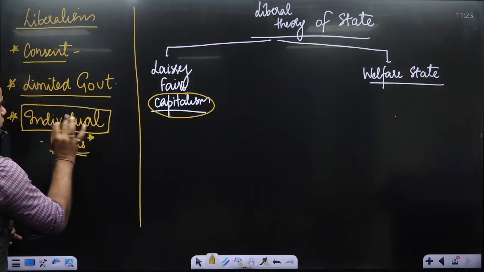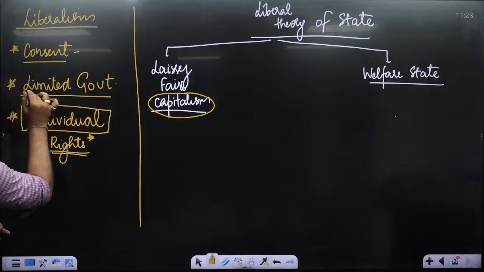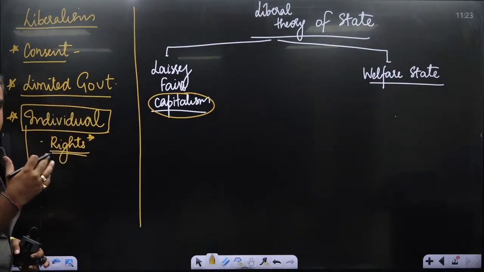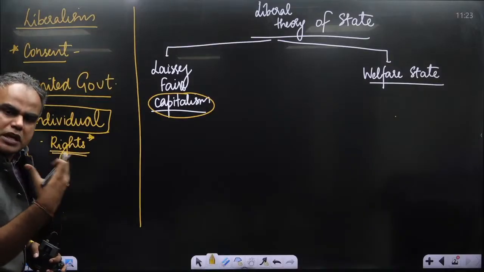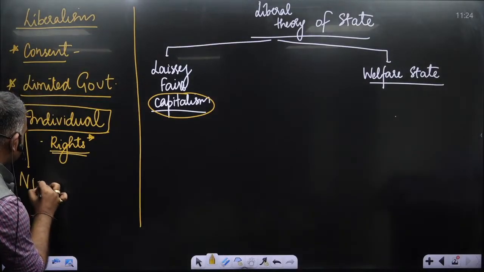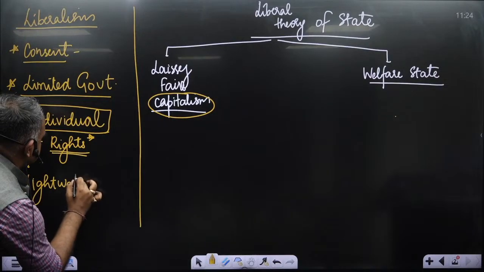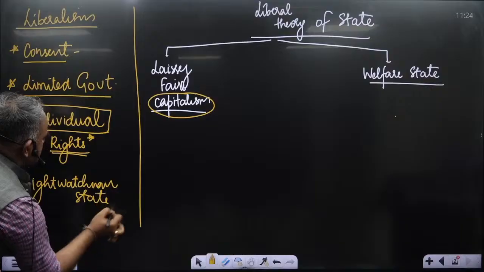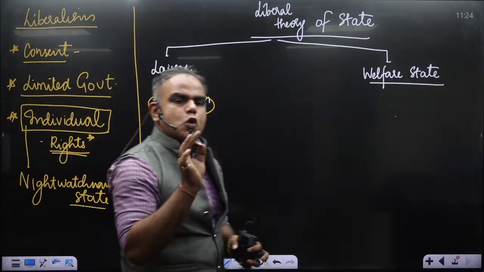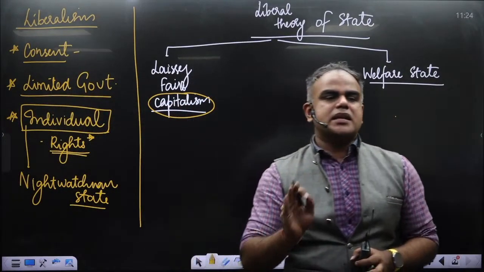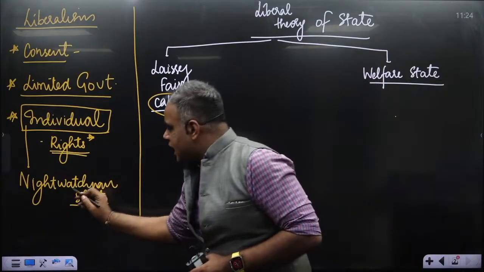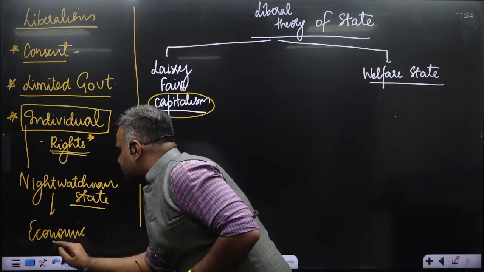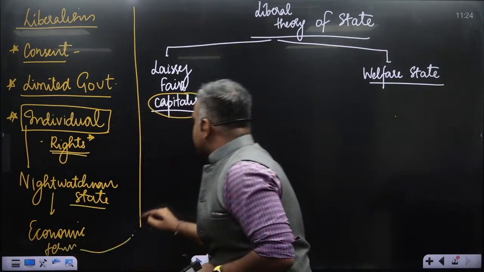Individual is supreme, and for the limited government, a term that is used is the night watchman state. You want freedom, you want liberty, and the state should only fulfill those ends which are absolutely necessary. Which, if you apply in economic terms, will lead to capitalism.